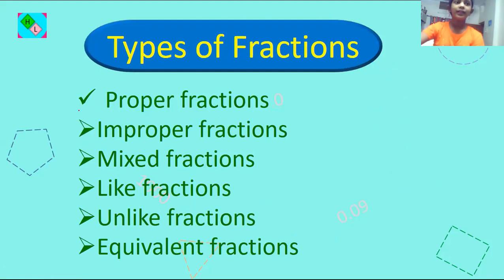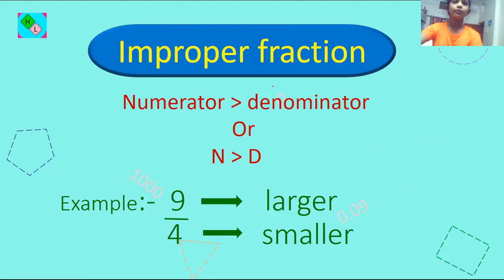Now we have completed proper fraction. Let's move on to improper fraction. An improper fraction is the reverse of a proper fraction. 3 by 8 will be a proper fraction, so let us take 8 by 3. In 8 by 3, 8 becomes the numerator and 3 is the denominator.